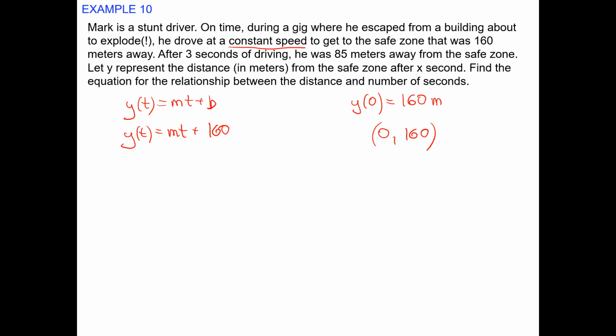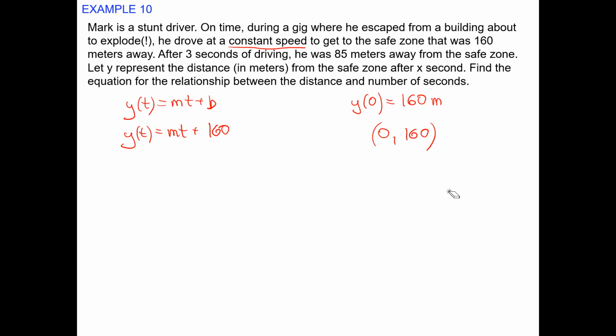What we are actually doing is getting closer and closer, so we are decreasing that 160, because we have to reach the safe zone. That's when we're getting closer. The slope, the rate of change of the distance with respect to time, will be negative.